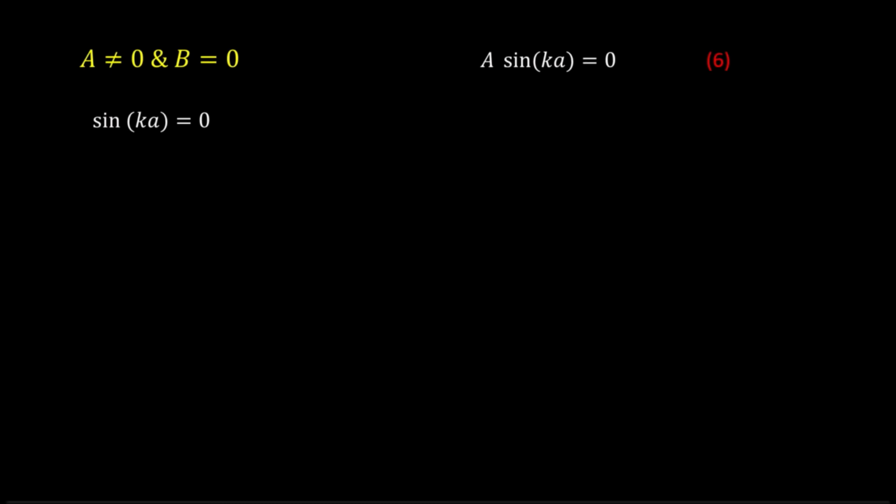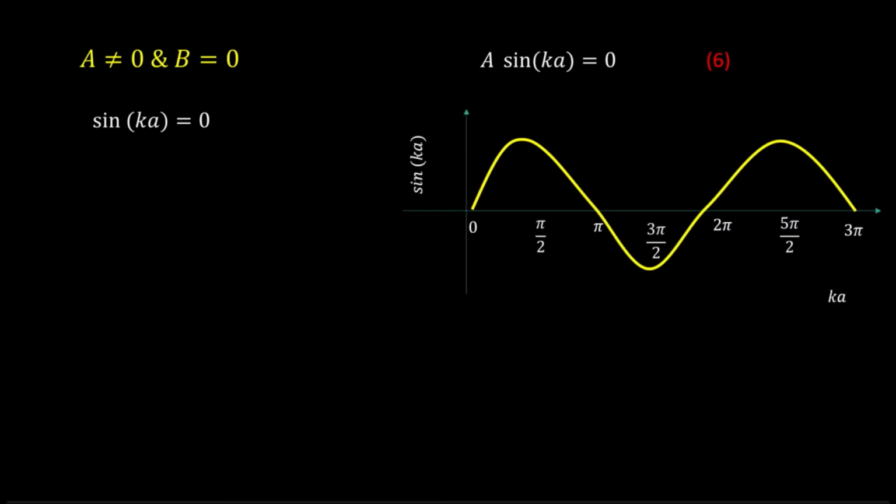We know that the values of the sine function become 0 for the arguments 0, pi, 2 pi, 3 pi, etc. However, we do not consider the case n equal to 0 as this would lead to the trivial solution psi of x equal to 0, which means the particle is nowhere within the well. So the possible values for ka can be n pi by 2 with n equal to 2, 4, 6, etc.